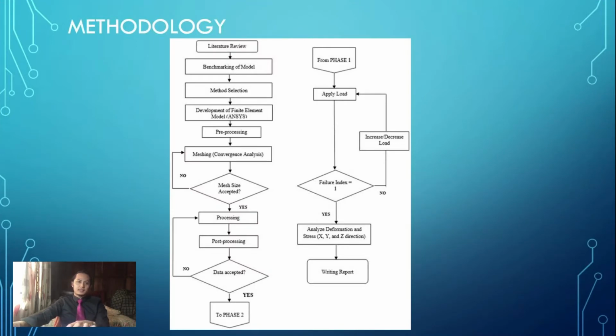This is the methodology for the project. This project consists of two phases of process flow: the first phase is preliminary model development and the second phase is the experiment on the failure analysis. Figure shows the phase of the methodology.